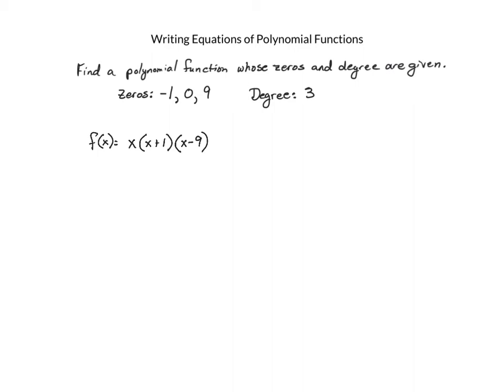Now notice I said we would address multiplicity. Suppose we put a 2 right here. Certainly, that polynomial would still have zeros of negative 1, 0, and 9, but notice the degree would no longer be 3 because we would have an x squared times another x times another x.